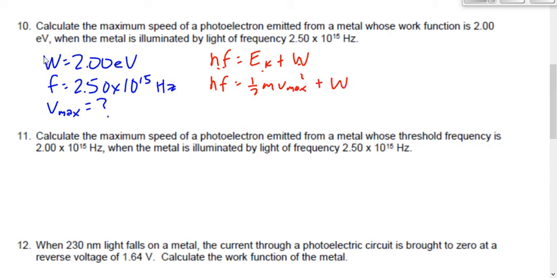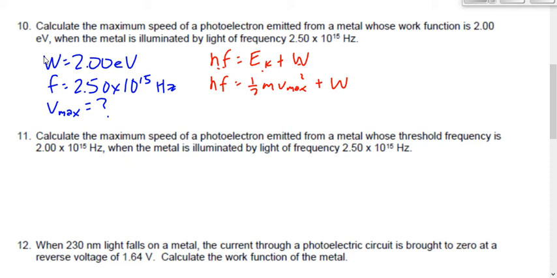Now, we've got our work function in electron volts, right? Could we, if we wanted to, convert it to joules? Sure we could. Do we have to convert it to joules? Do we need to, or could we use electron volts? Hannah? Good.